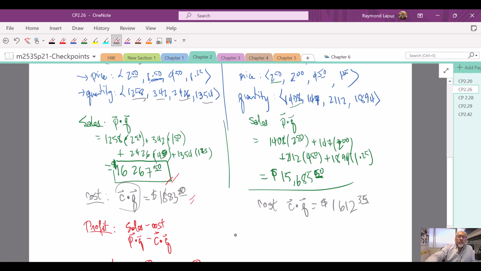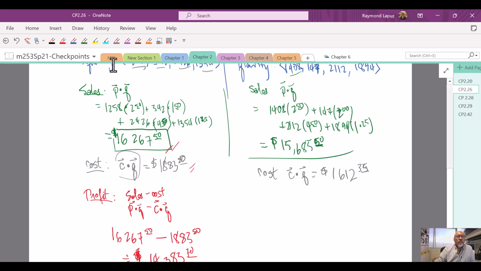And then now finally the profit is the difference. So that's P dot Q minus C dot Q. So that will be 15,685 and 50 cents minus 1,612.35.